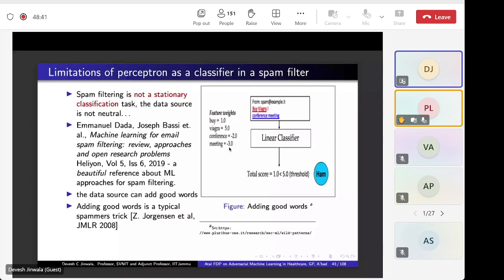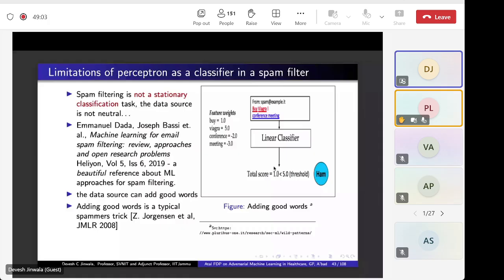But what is the result of this? Remember that linear classifier. Because a linear classifier would behave on a strict line or on a plane and try to summate the scores, see what is the overall score and compare it with the threshold. Here, if you try to do 1 plus 5, which is 6, minus 2, which is 4, minus 3, which is 1, I get the total score.